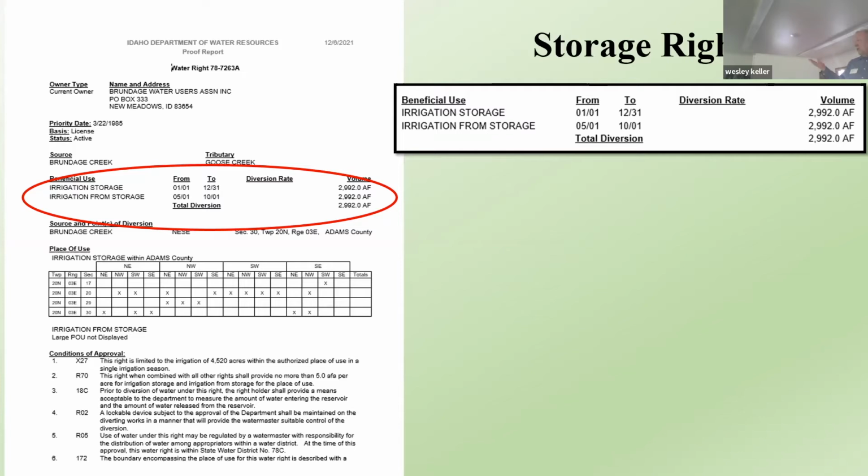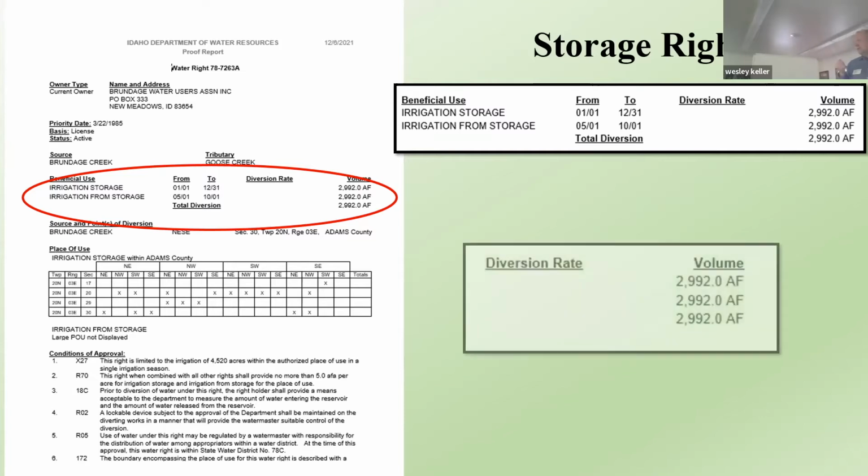Now the total is not additive, because it is simply how much is allowed to be stored in the reservoir and then subsequently released. So the total acre feet that this right authorizes is 2,992 acre feet, both for storage and then for later release for irrigation.